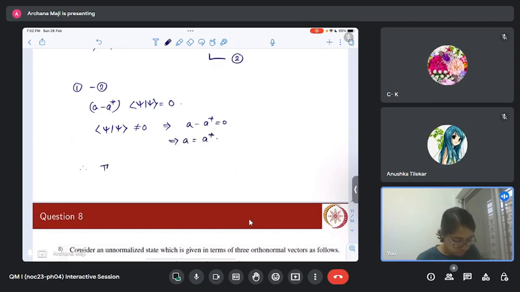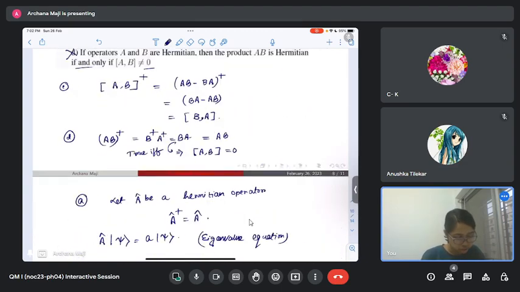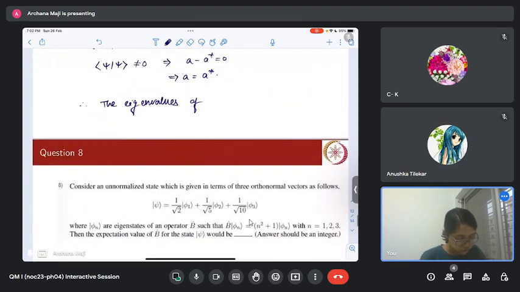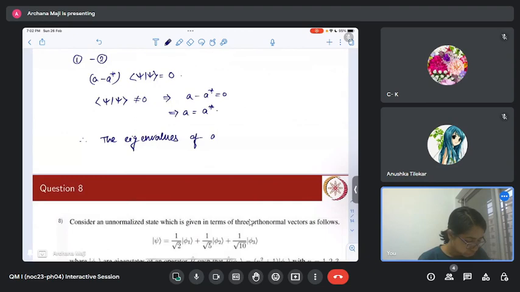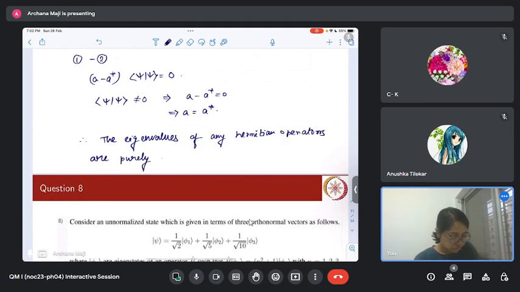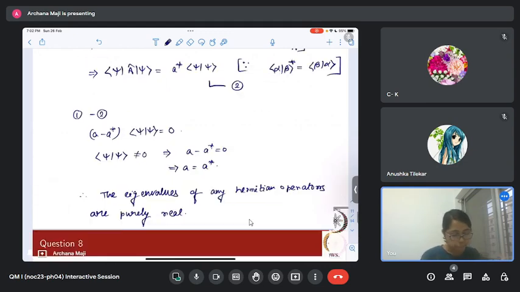So the eigenvalues of any Hermitian operator are purely real. Okay.